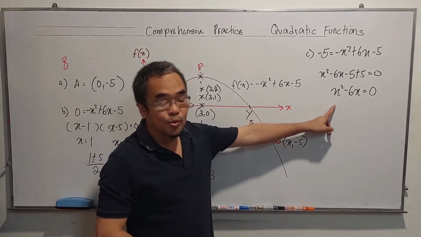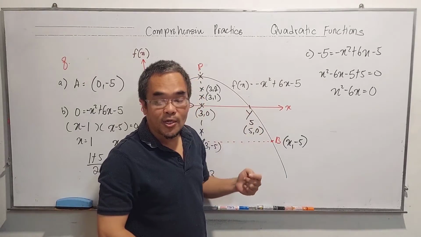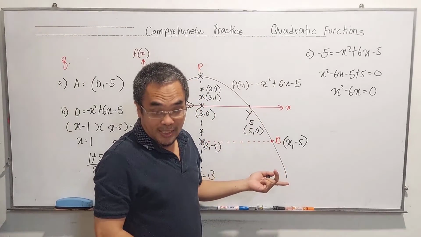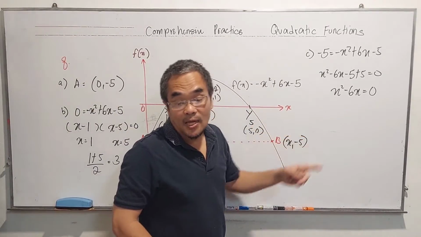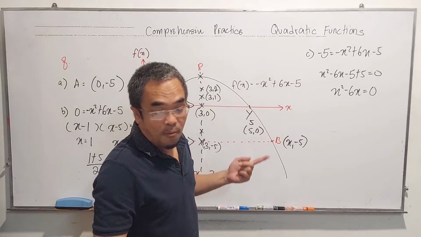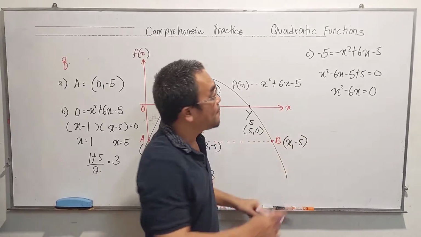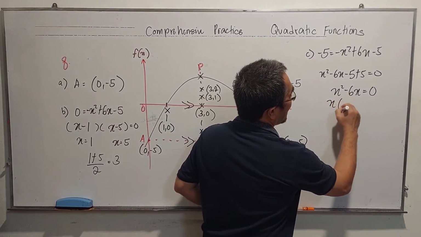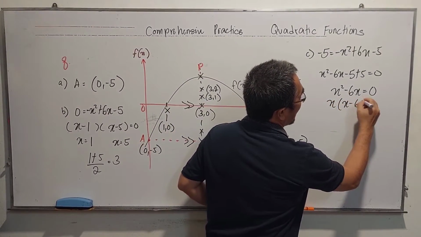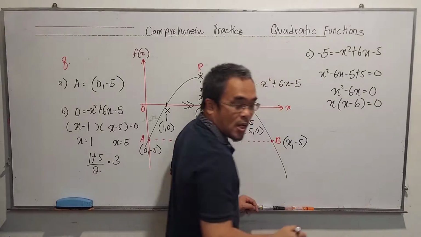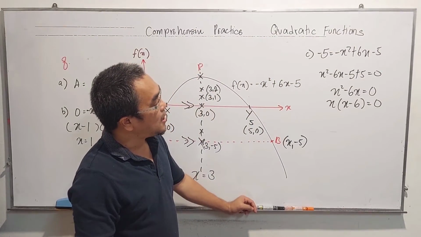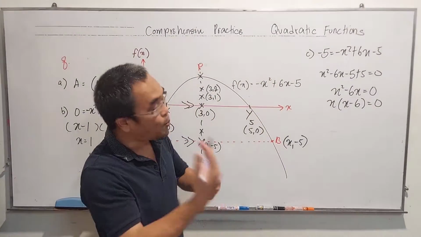Do we need to use a calculator to solve this equation? I do not think so. We just factorize like how we did in Form 2. Take out x from here, take out 1x from there. You have x outside, and then inside will be x minus 6 equals 0. Then you solve one by one.